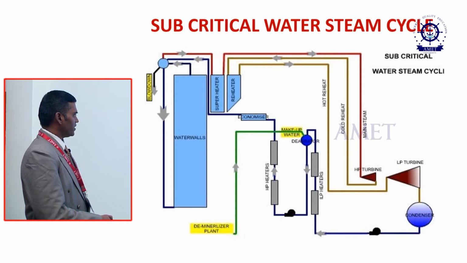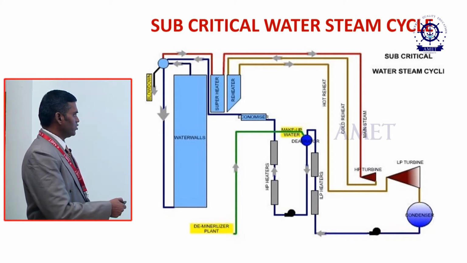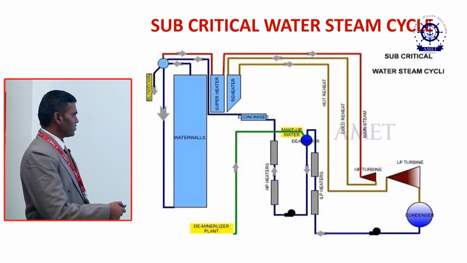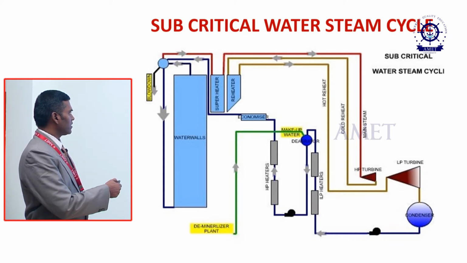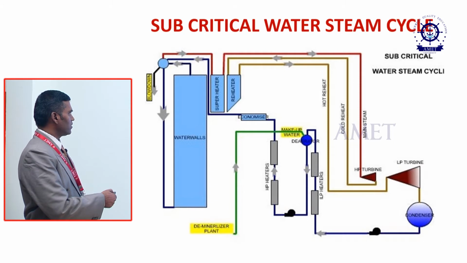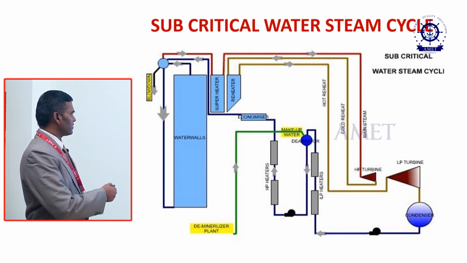The demineralized water enters the deaerator unit as makeup water, and partially the water enters the HP heaters and partially enters the low pressure heaters. The HP heater water goes into the economizer to the water wall tubes, and simultaneously there is a provision for blowdown operation also.